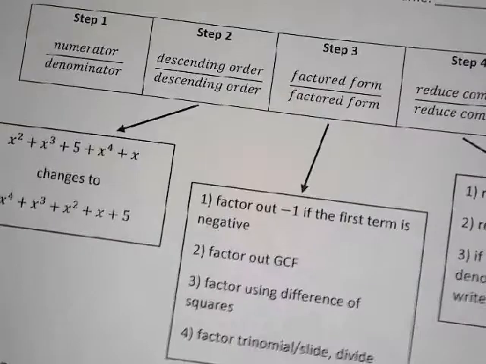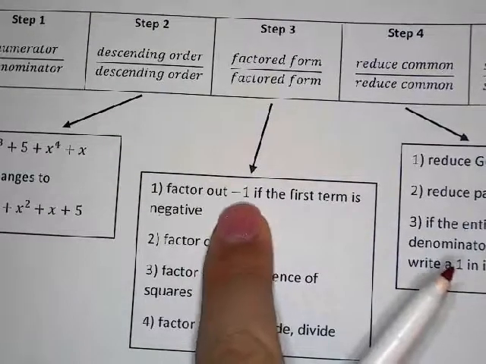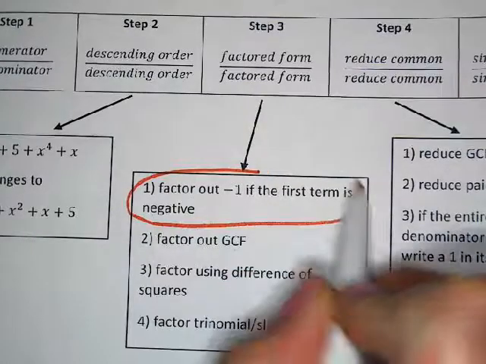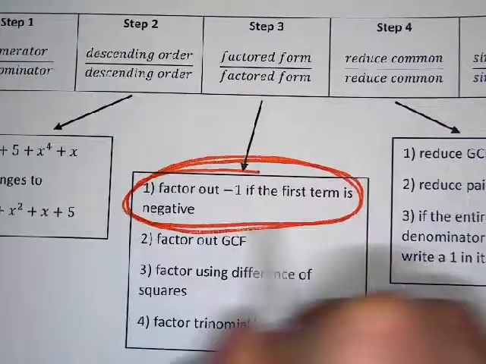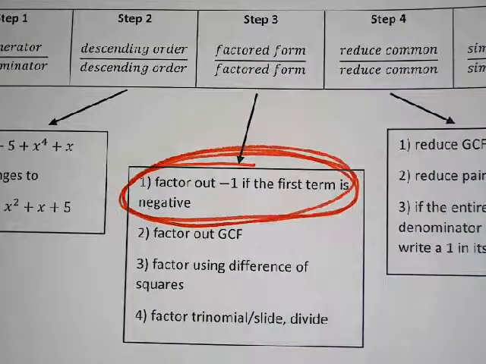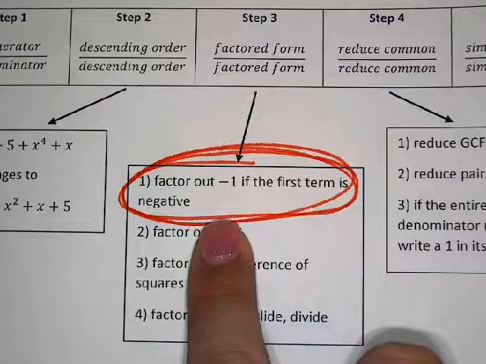If you have a negative in the front, you have to factor out a -1. You have to treat it like a GCF problem. And this is the part that will mess you up this unit. It's not difficult, but if you miss it, it will mess up the problem.